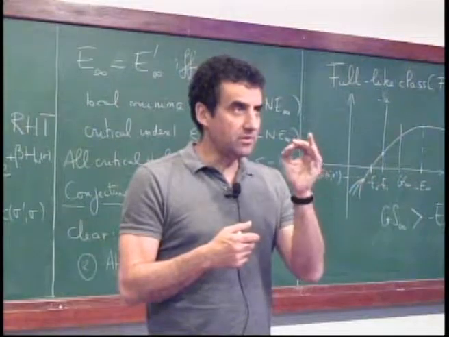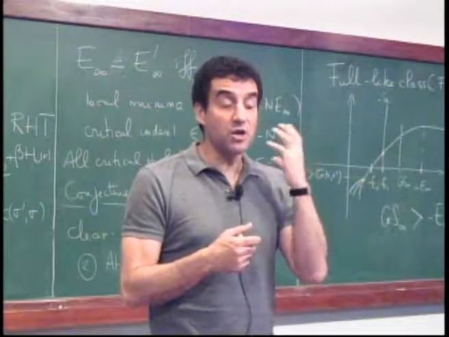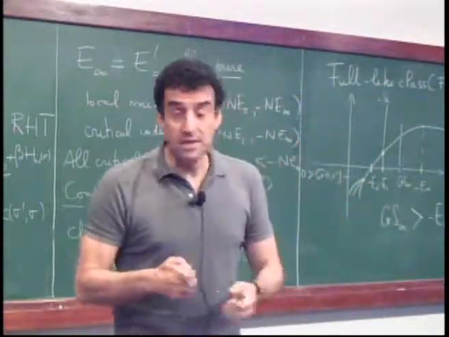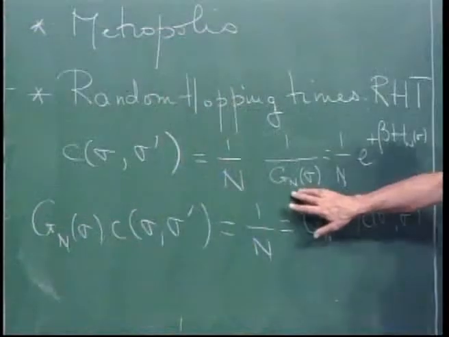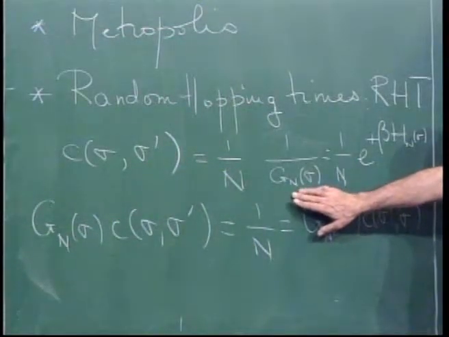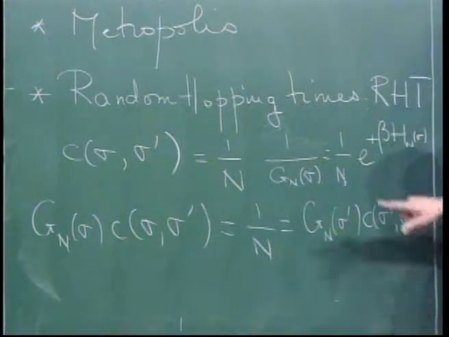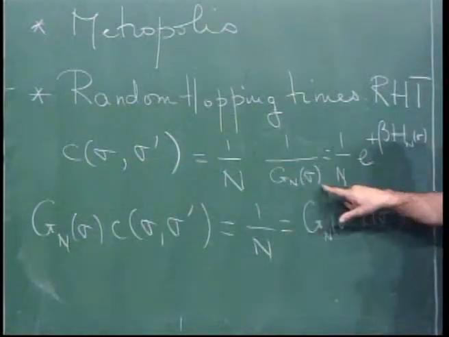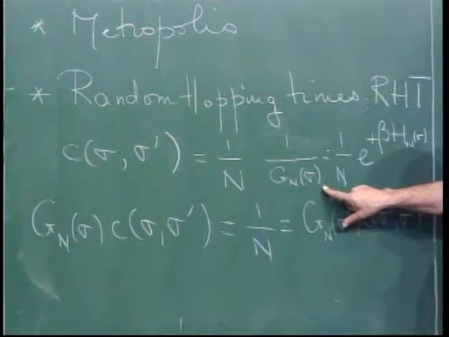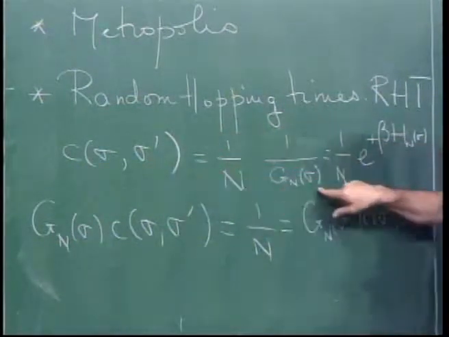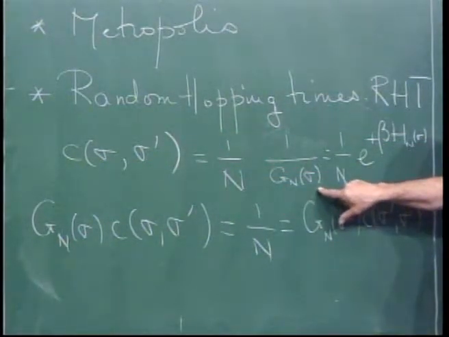The only thing that you retain of this random landscape is the Gibbs weight at the point sigma. So if your Gibbs weight is large, then this jump rate is very small.